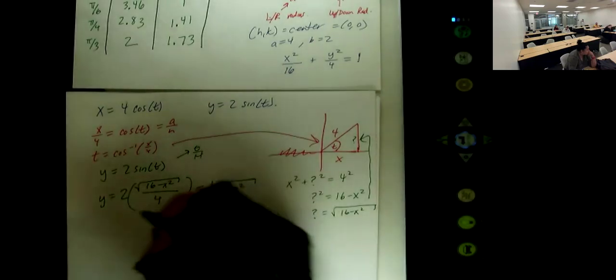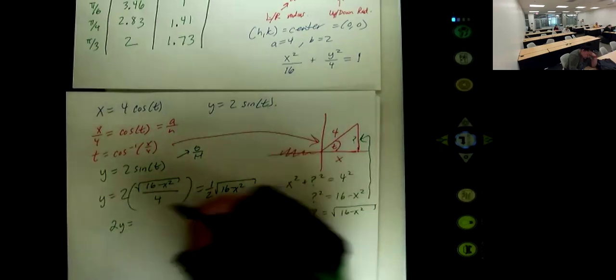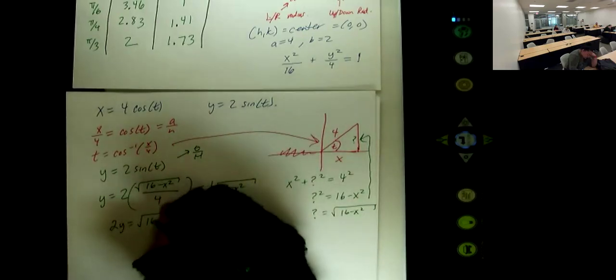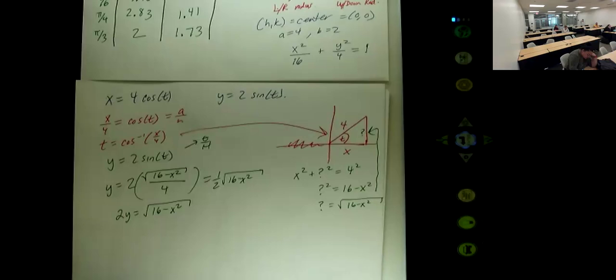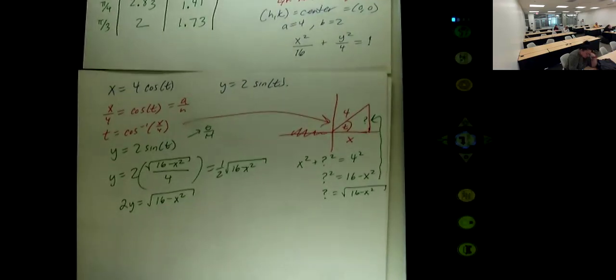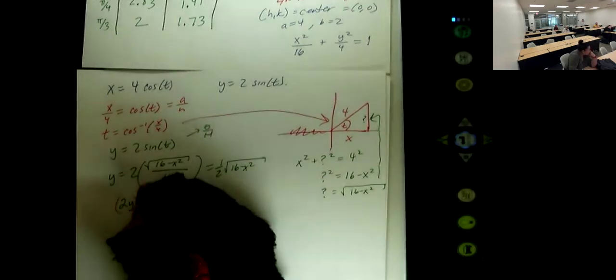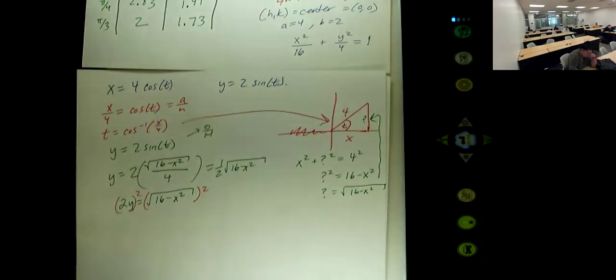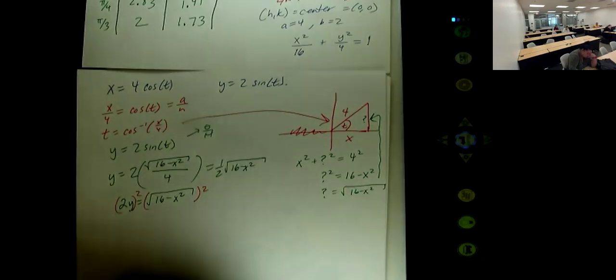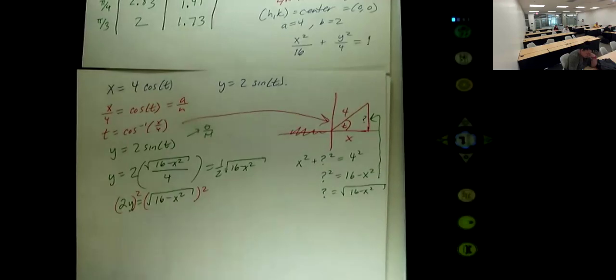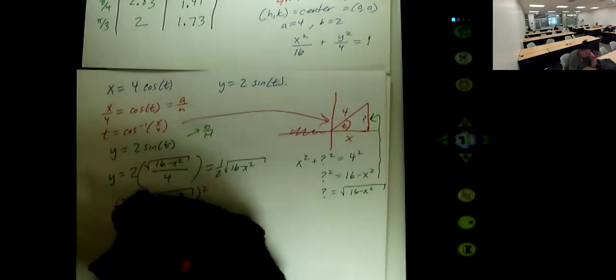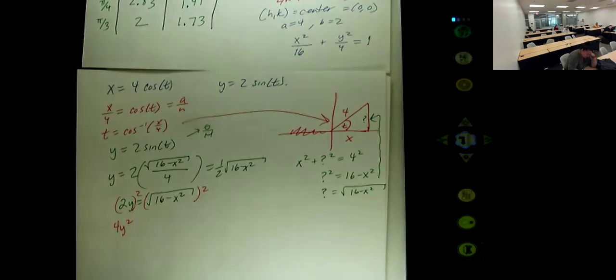So I'm going to multiply both sides by 2 to clear that fraction. And I'm going to get rid of that radical, so let's square both sides. What's the left side squared? 4y squared. Don't forget to square the 2 as well. Excellent.